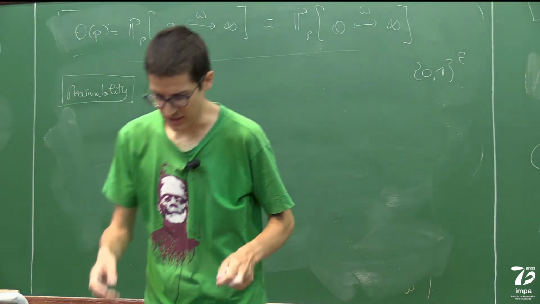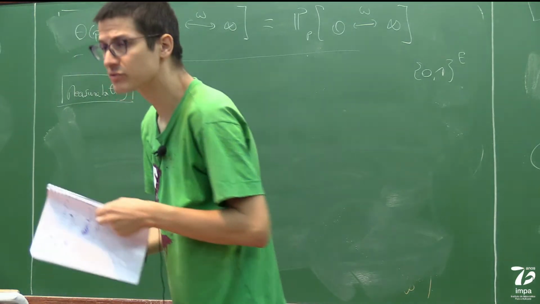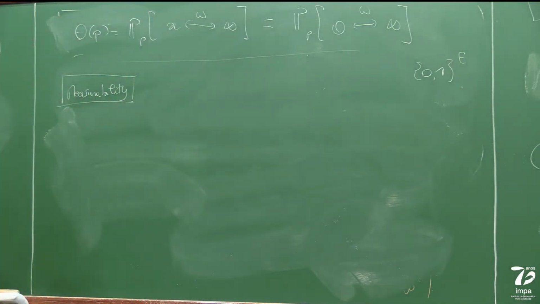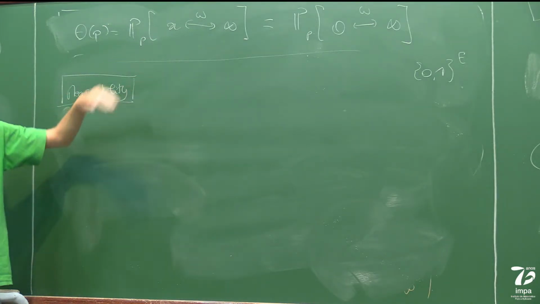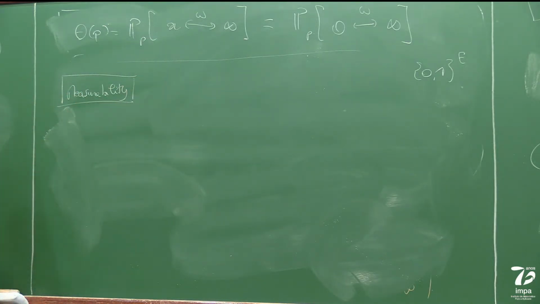Let me just check measurability. I will just do this once. For the rest of the course, you will have to convince yourself that as soon as you're writing something that you can talk about and you're not using the axiom of choice, you won't have problems with measurability. But I think it's good to check it at least once.